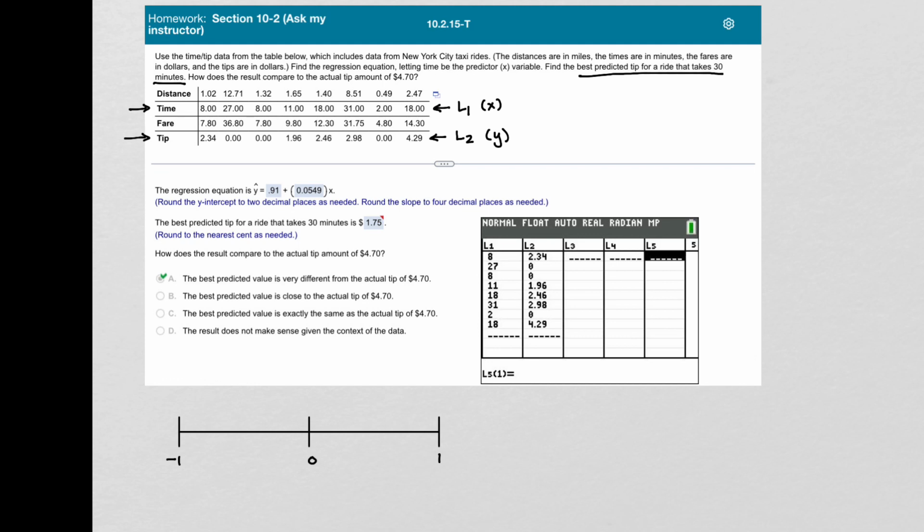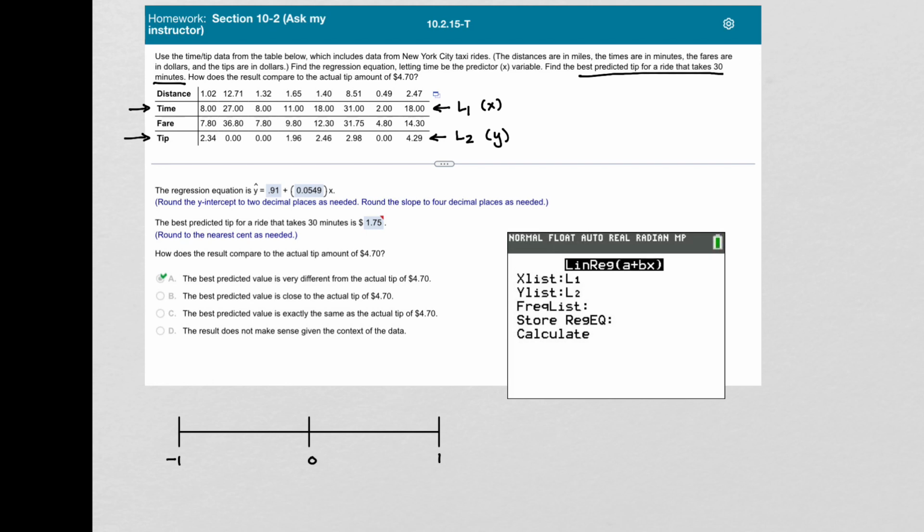So I went to stat, and then we choose number 1, which is edit. And you can type those values into list 1 and list 2.